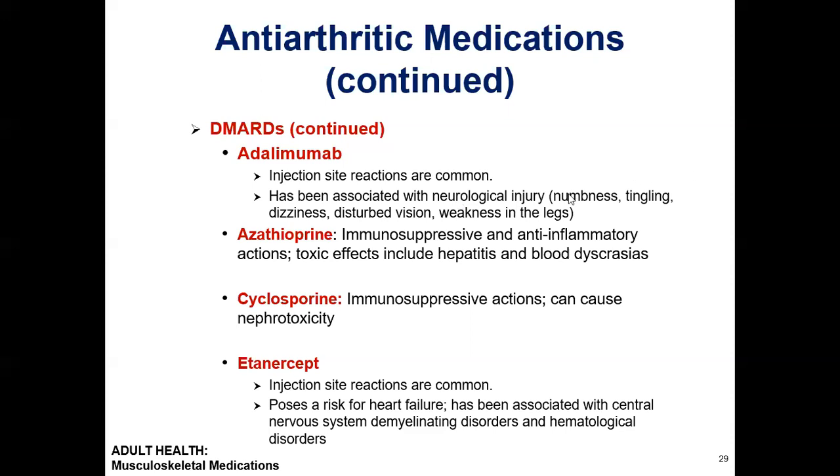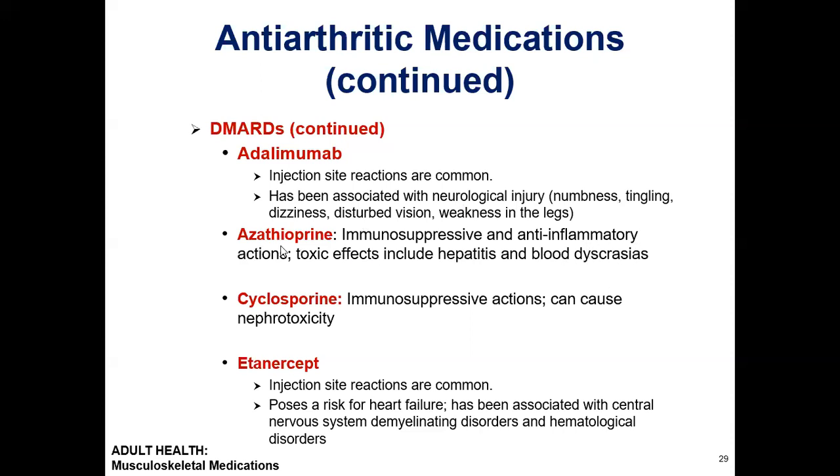Neurological injuries means numbness, tingling sensation, dizziness, disturbed vision or difficulty of vision, weakness in the legs. Azathioprine, it is immunosuppressive and anti-inflammatory in action. Toxic effects include hepatitis or blood dyscrasia.